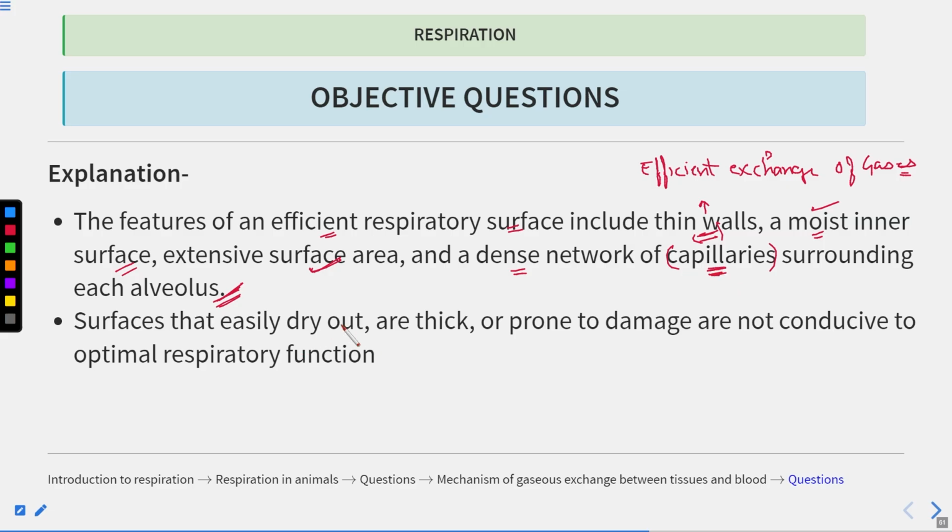Now, surfaces that easily dry out and that are thick, or that are prone to damage, are not conducive to optimal respiratory function. Means they are not appropriate respiratory surfaces. Clear? That's why we require thin walls and the moist inner surface.